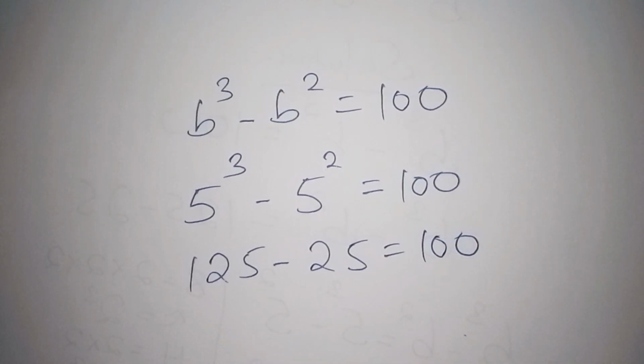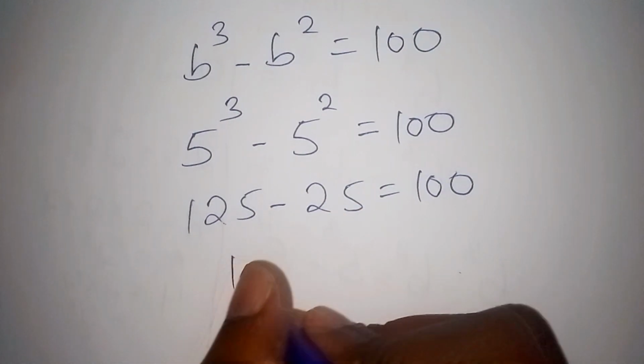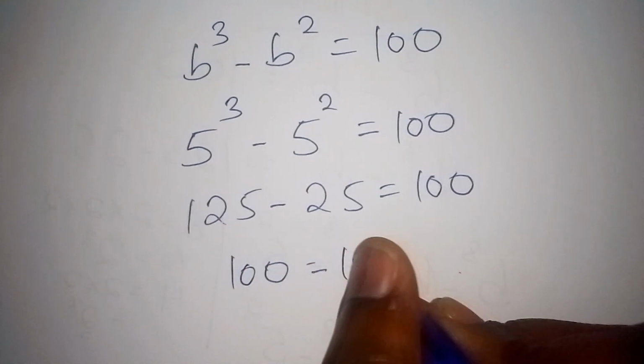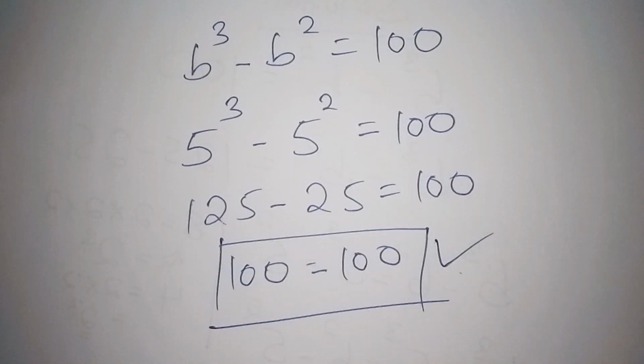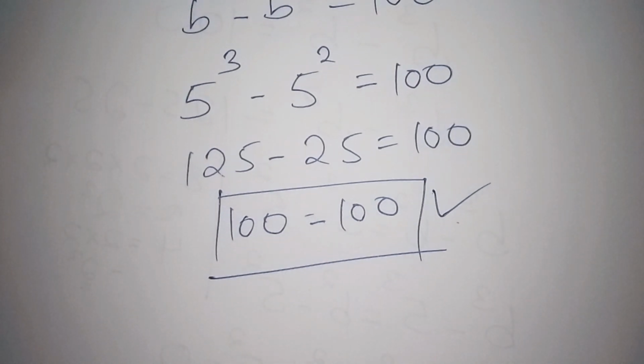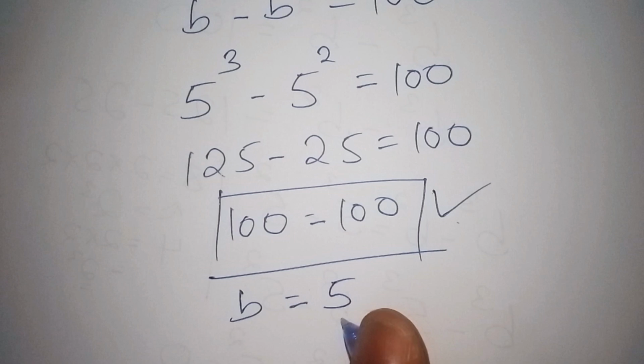So 125 minus 25, our result is 100 equals 100. So we are correct when we say that our result for b is equal to 5.